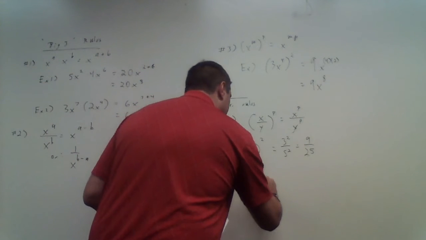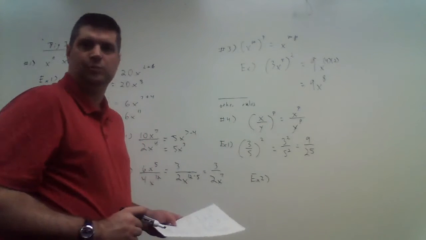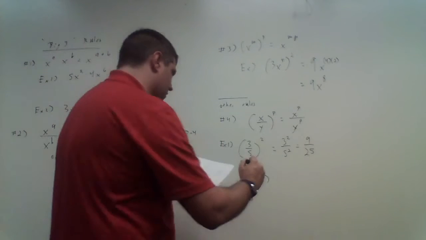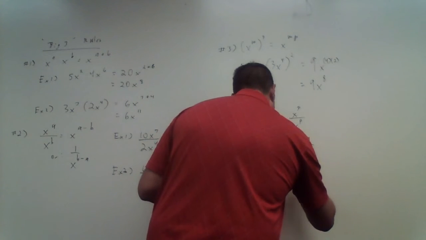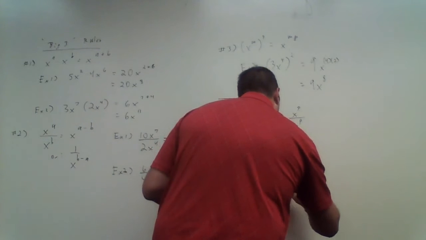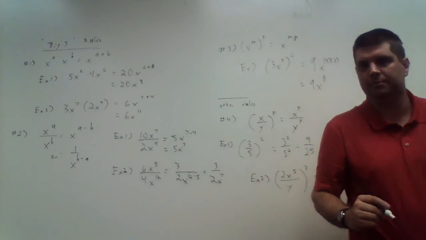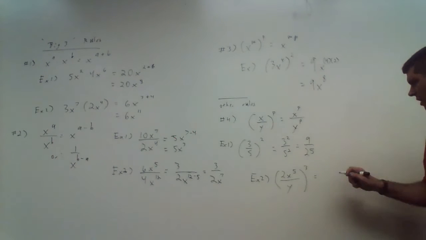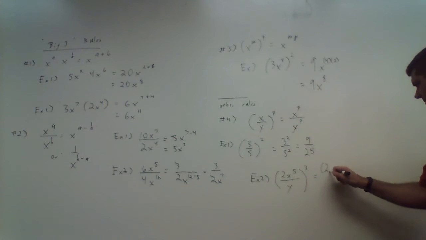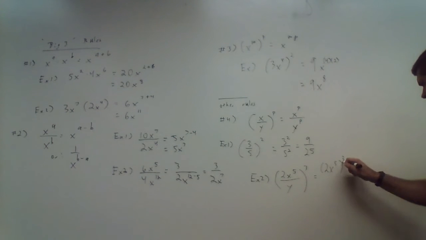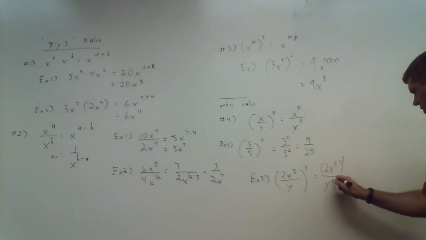Here was example 2. 2x to the 5th over y cubed. That's going to be equivalent to 2x to the 5th cubed over y cubed.